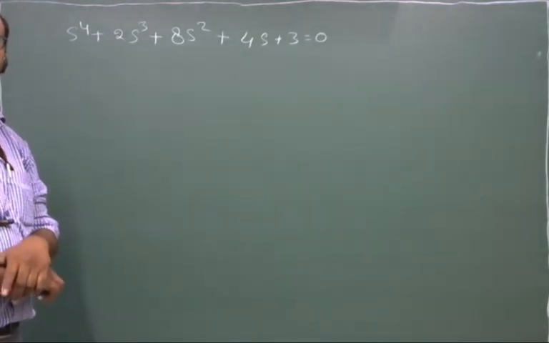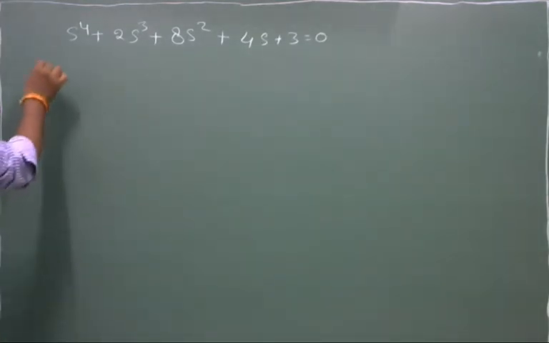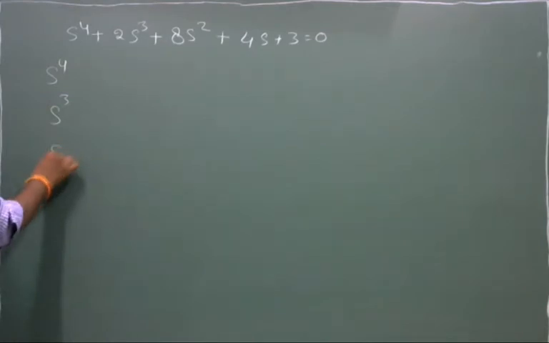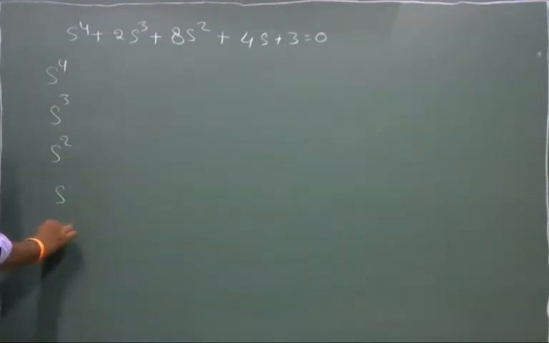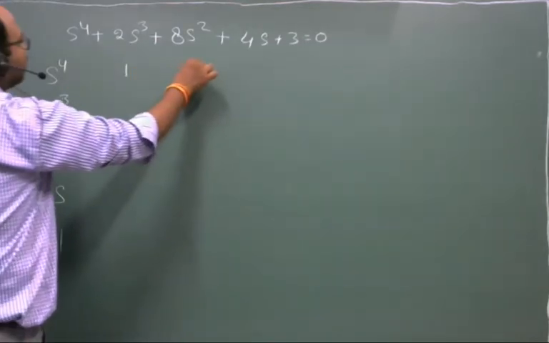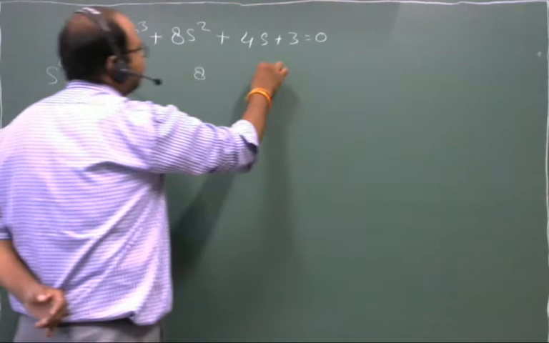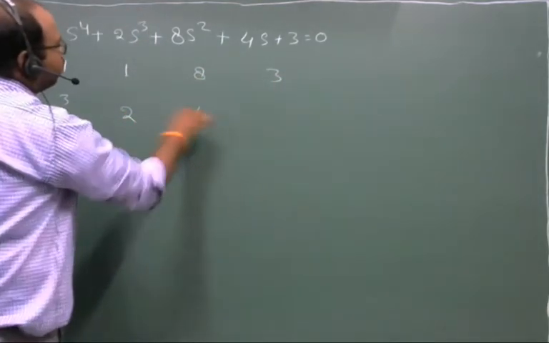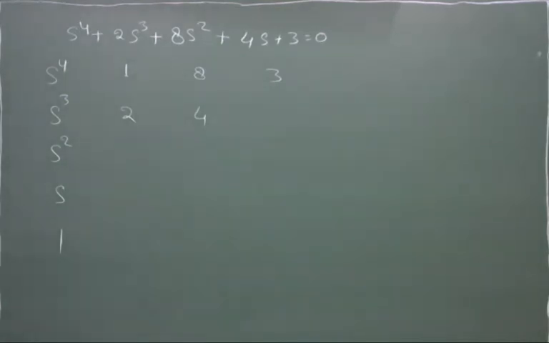So let's check the stability using Routh stability criteria. S power 4, S power 3, S power 2, S and 1. Then coefficients of S power 4, 1, then alternate coefficient 8, alternate coefficient 3. Here 2 and 4, right?